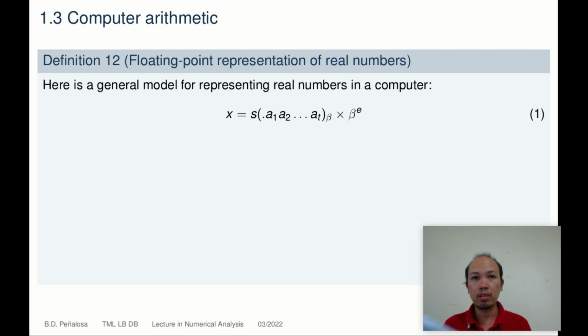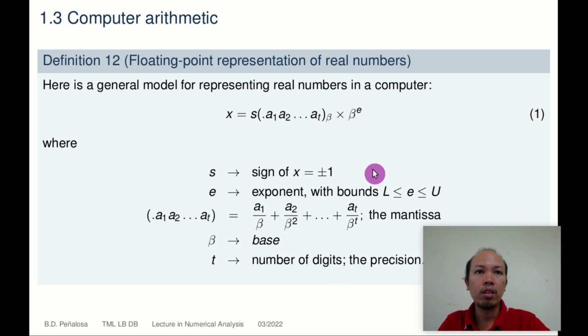Okay, so anyway, when we try to represent a given real number x, we will use the binary system, where beta is equal to 2. Our s here is the sign, and it takes only 2 values, which are positive 1 and negative 1.